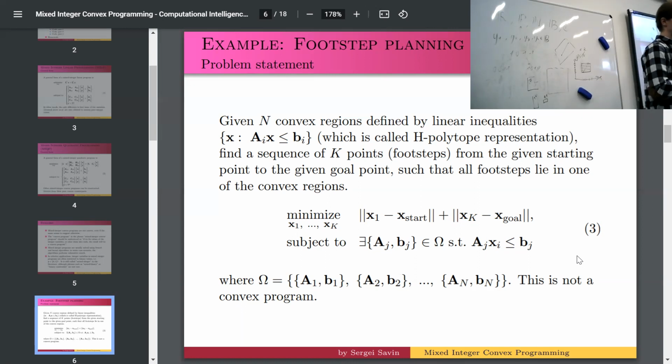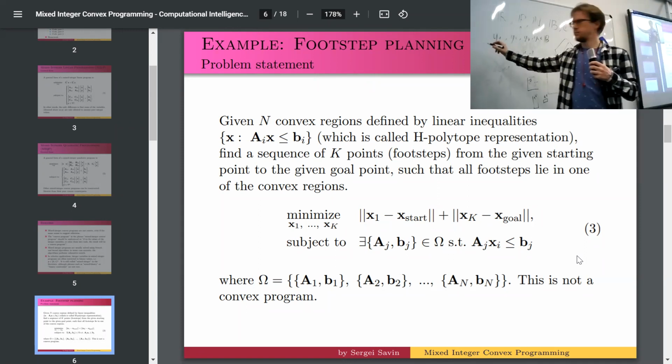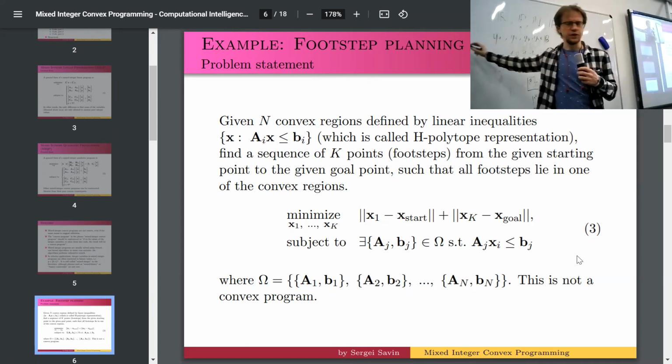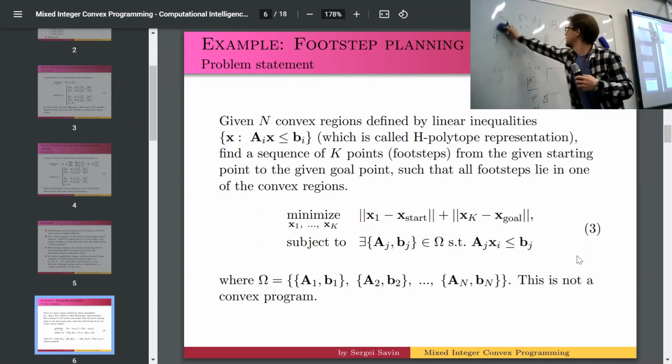No? Okay. Let's consider the footstep planning problem. So here is a problem. You have n convex regions described as inequalities, so H-polytope representation. You remember already what this is, right? H-polytopes are... no, I cannot write it. Let me erase.